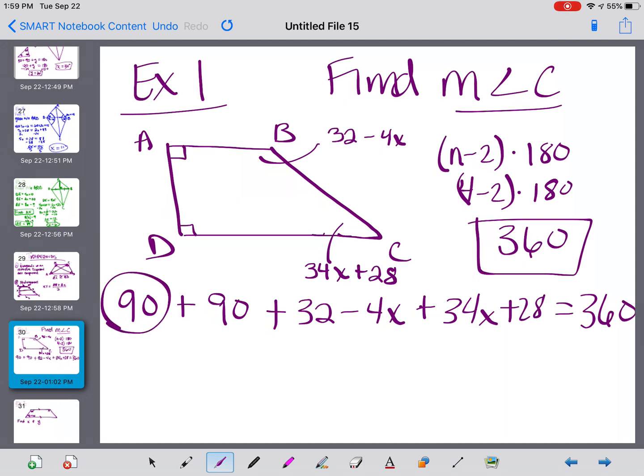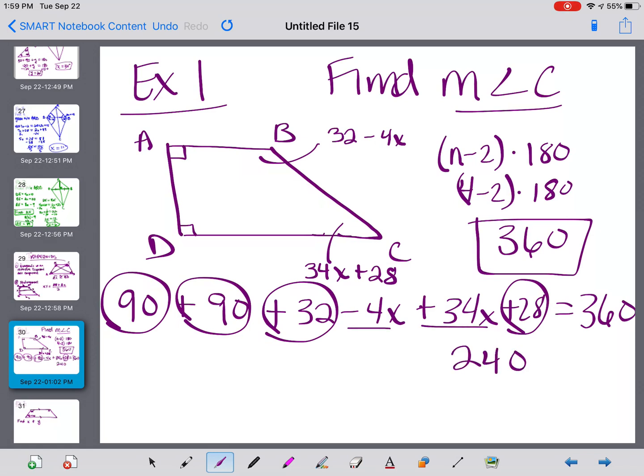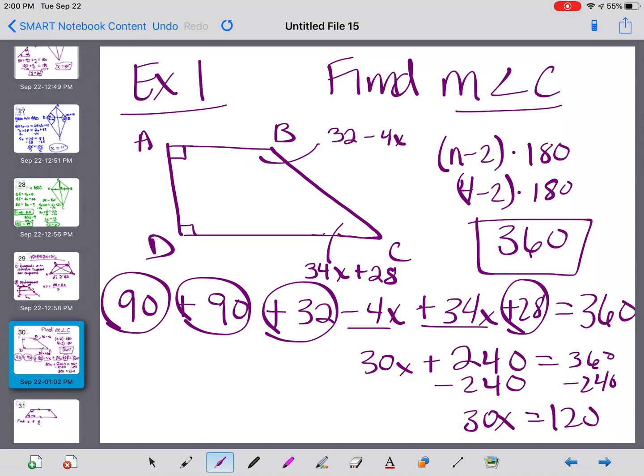Let's combine like terms. 90, 90, 32, and 28 would leave us with 240. Negative 4x plus 34x leaves us with 30x plus 240 equals 360. Subtract 240 on both sides. 360 minus 240 gives us 30x equals 120.